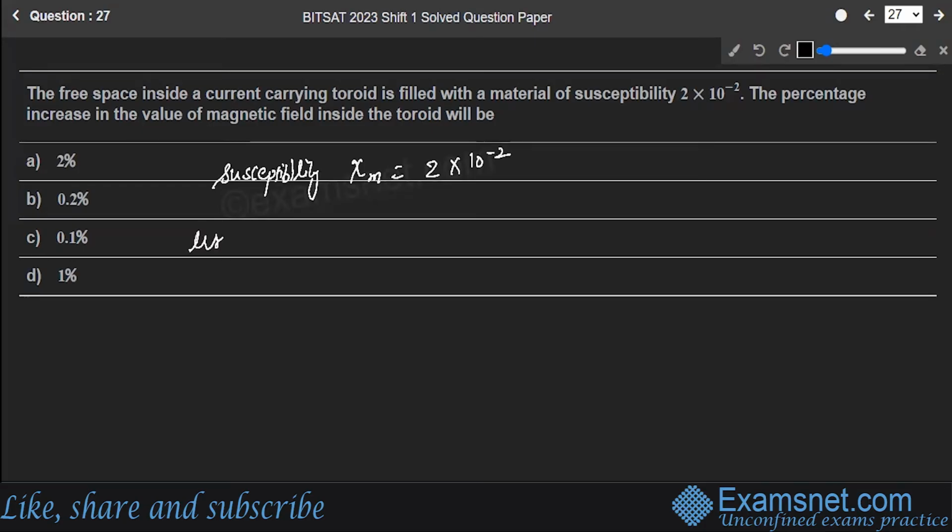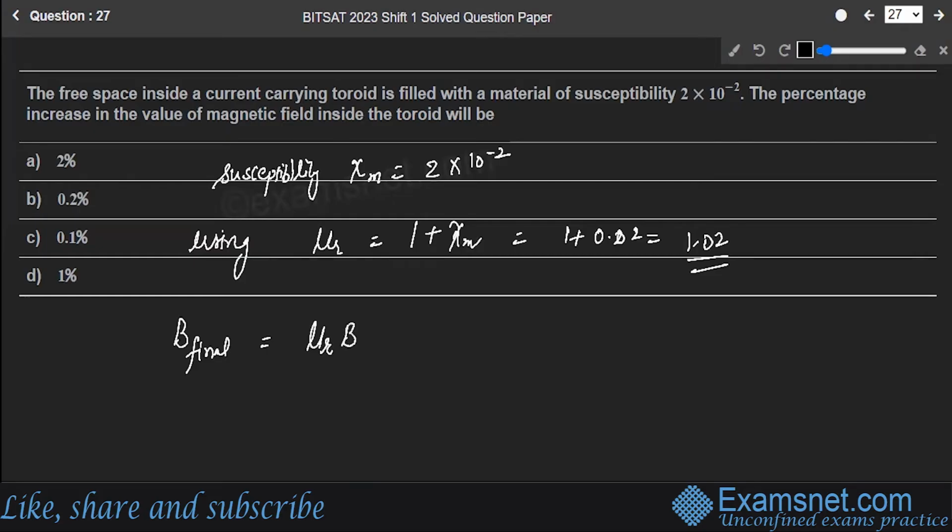So I'll be using mu r is equal to 1 plus this, so it is 1.02. Now, final magnetic field is mu naught mu r B naught. This is your initial magnetic field.